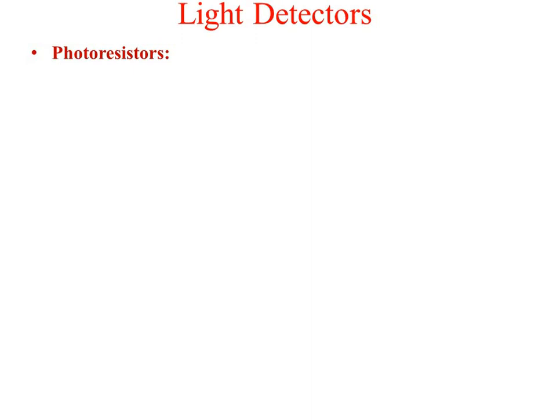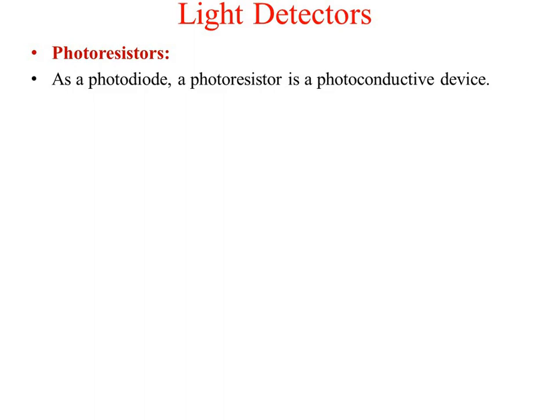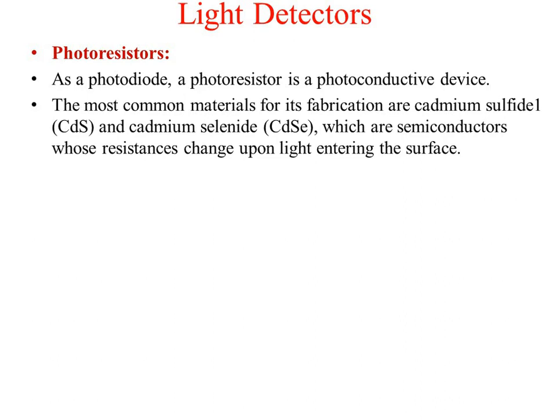Photoresistors are the next sensor, which works on the principle that whenever light falls on the sensor, its resistance changes. This is the simple principle used in photoresistors. The most common materials used for fabrication are cadmium sulfide and cadmium selenide, which are semiconductors whose resistance changes upon light entering the surface.